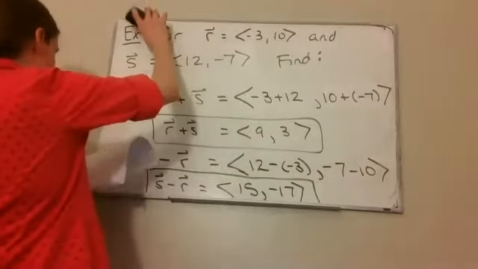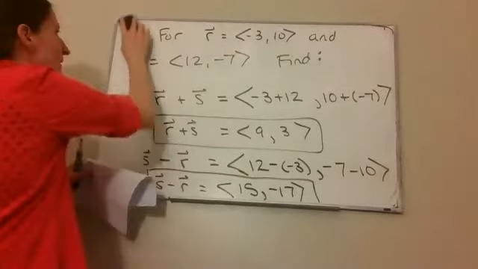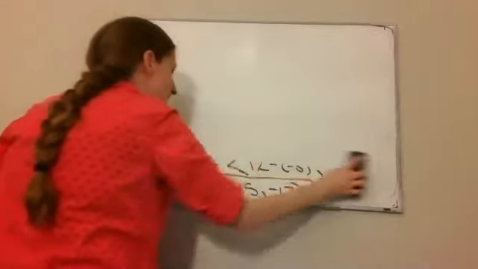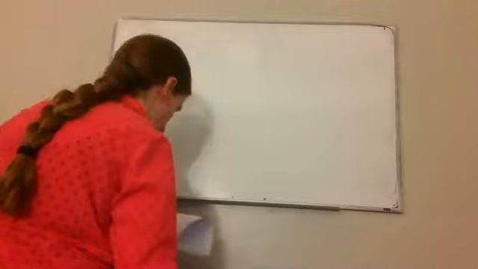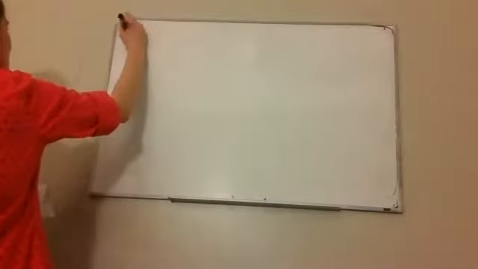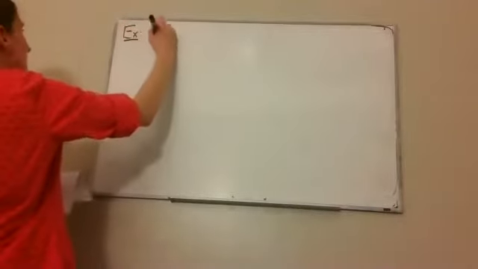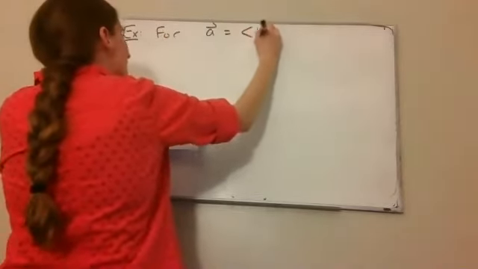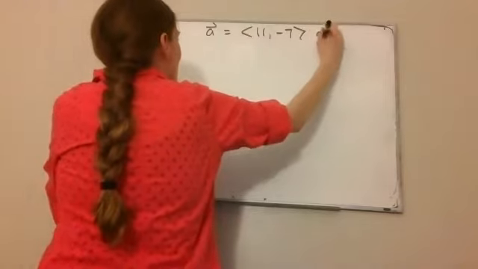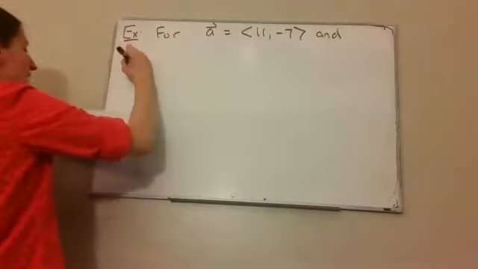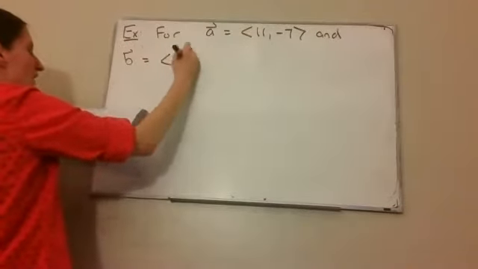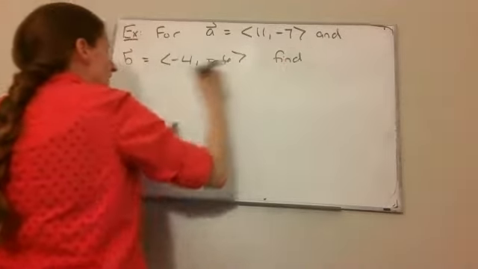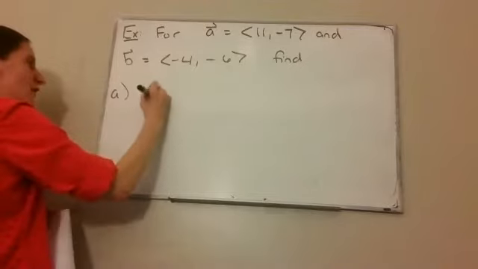Let's do another example similar to that. For vector A, which is 11, negative 7, and vector B, which is negative 4, negative 6, let's find 6A.